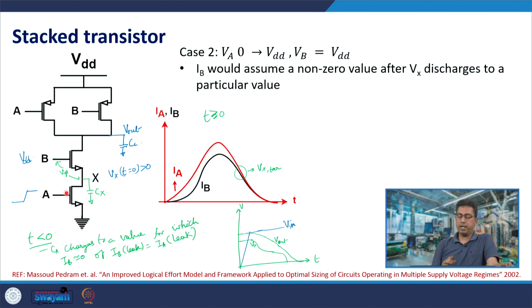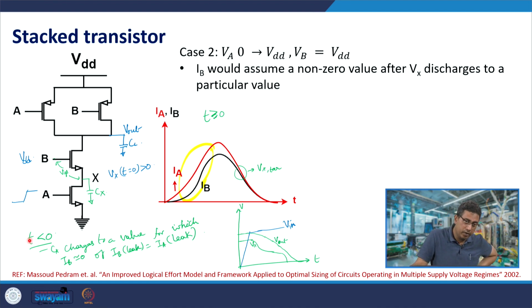Because of the exponential nature of the currents, we observe that with increase in gate voltage VA, there is almost a sudden increase in the current IA, and because Vx also starts falling with that, there is a sudden increase in the current IB. So, it is not as gradual as it is shown here, it is quite sudden.